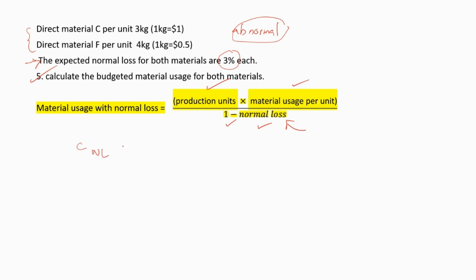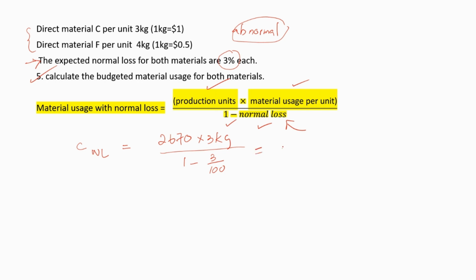Now let's calculate the material usage with normal loss for material C. With loss is equal to production units 2670 multiplied by 3 kilograms divided by 1 minus normal loss. Normal loss is 3%. We have to convert this into a decimal value, so divided by 100.